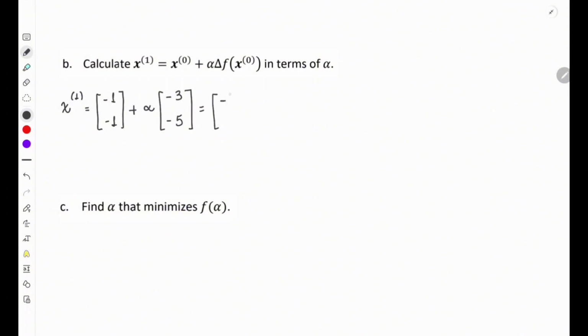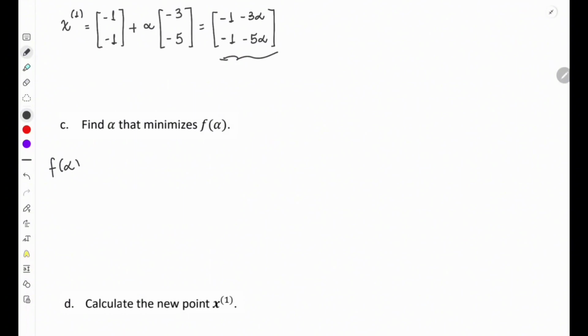So we got the two equations for x1 and x2, the two variables: -1 - 3 alpha, and -1 - 5 alpha. Okay, now we want to find alpha that minimizes our function f of alpha.